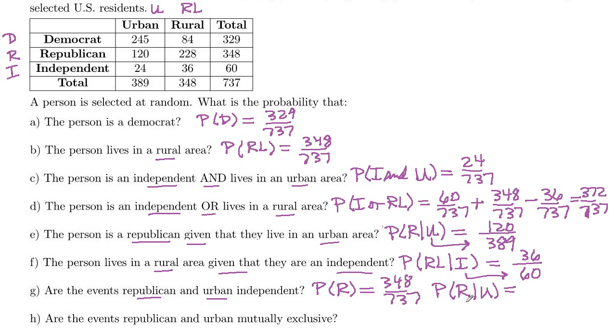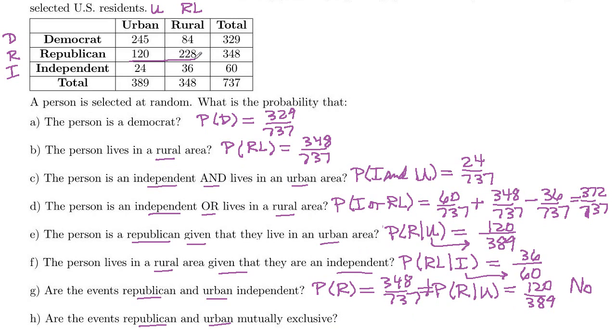And then Republican given urban, oh, we did that one up here, 120 out of 389. And this is closer to a third, this is closer to a half. Those are not equal to each other. You can check the decimal for each one, but they're not equal. So no, not independent.